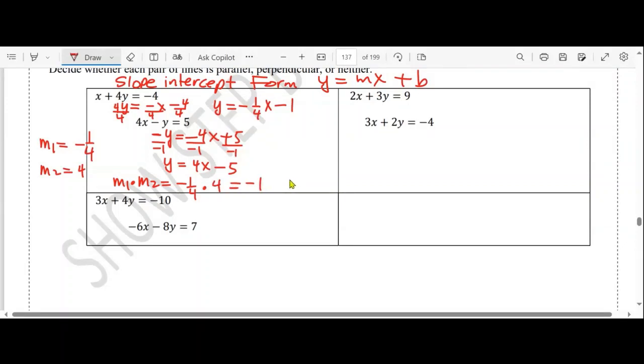In this case, we'll say the two lines are perpendicular. Okay? Can you do one as classwork, this one or this one?